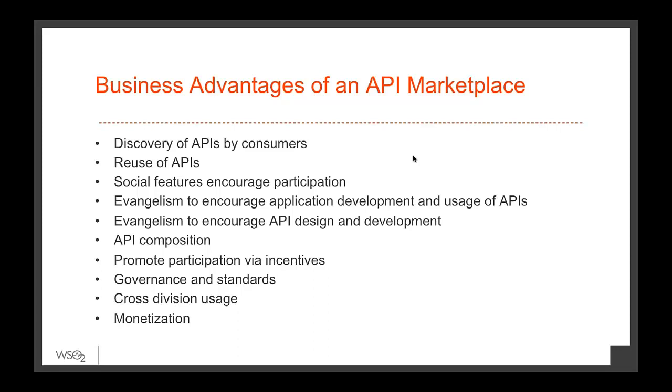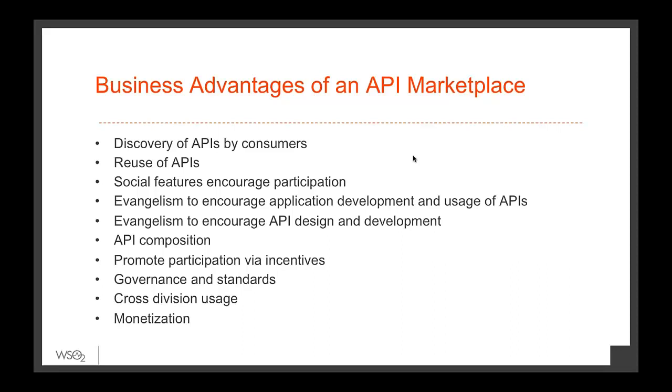Governance and standards are, of course, very important. So especially when you have multiple divisions now trying to publish APIs in a specific, very large organization, or you have external stakeholders trying to publish APIs, you need to ensure that these APIs follow a certain standard, that they are governed, that they have very strict life cycles associated with them, they have promotion and demotion criteria, workflows, and verification steps, so on and so forth.